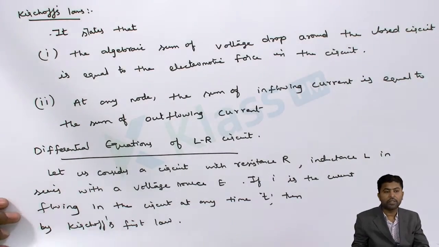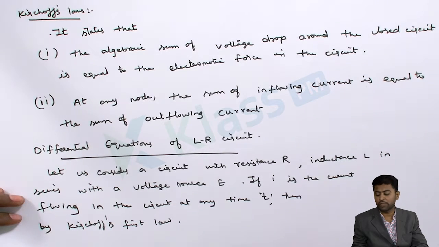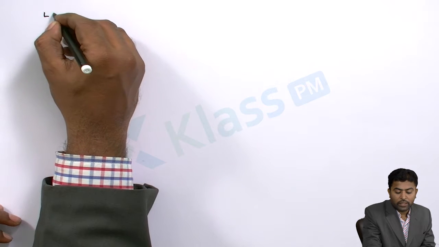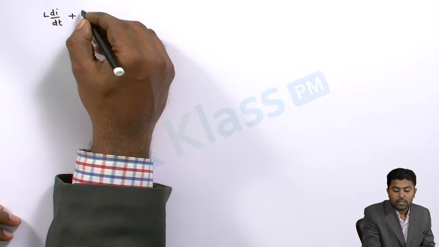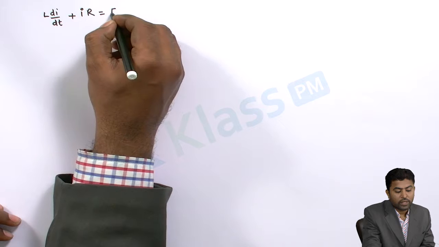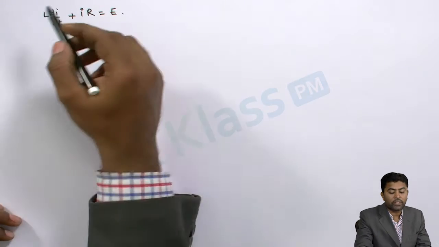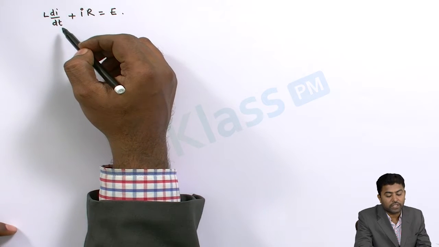Yes, we are considering the circuit with resistance R, inductance L in series with a voltage source E. If I is the current flowing in the circuit at any time t, then by Kirchhoff's law we can write L into di by dt plus I into R is equal to E. Voltage drop across inductance is given by L into di by dt.